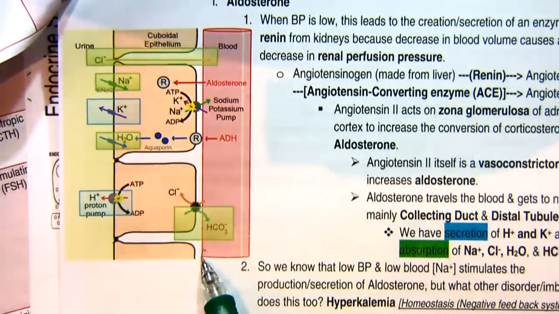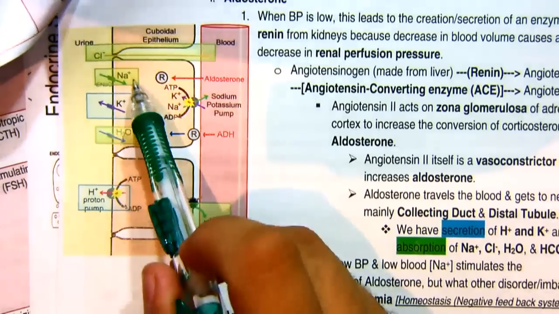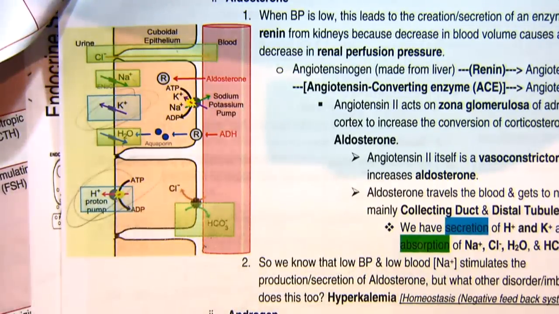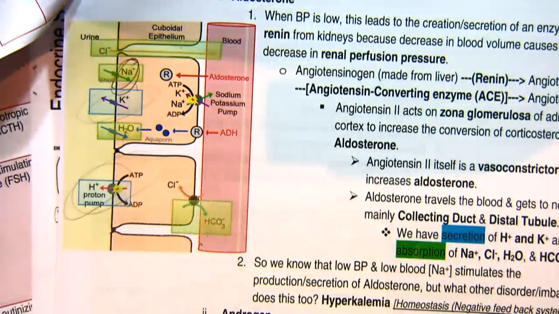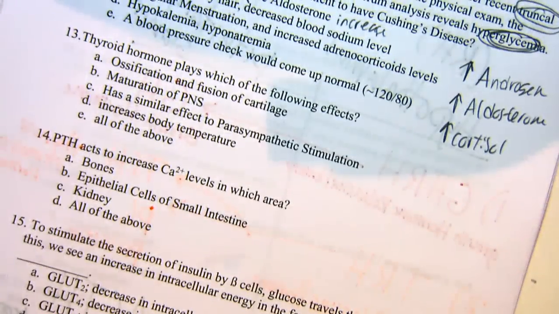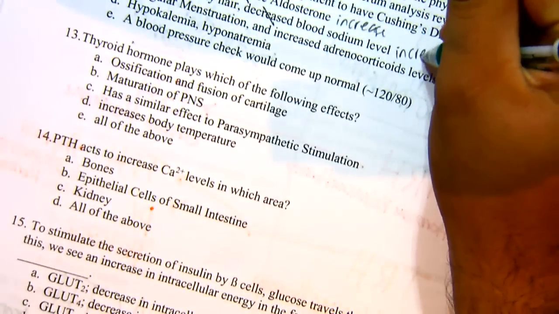We're going to pull in bicarbonate, water, sodium, and chlorine, and then we're going to expel potassium and hydrogen. So the question said decreased blood sodium level. No, we have an increase because it's going inside of our blood.